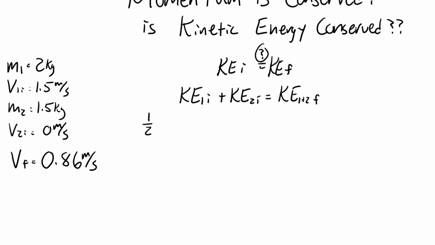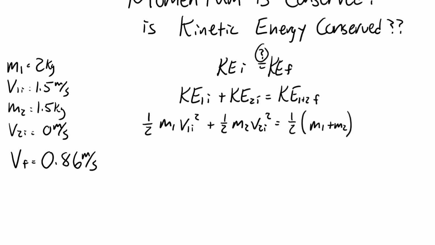So this will be 1/2 times the mass of the first object times the velocity of the first object initially squared plus the same thing, 1/2 m2 v2I squared is equal to 1/2 the combined mass, m1 plus m2, times vf squared, right? Because they move off with the same final velocity.